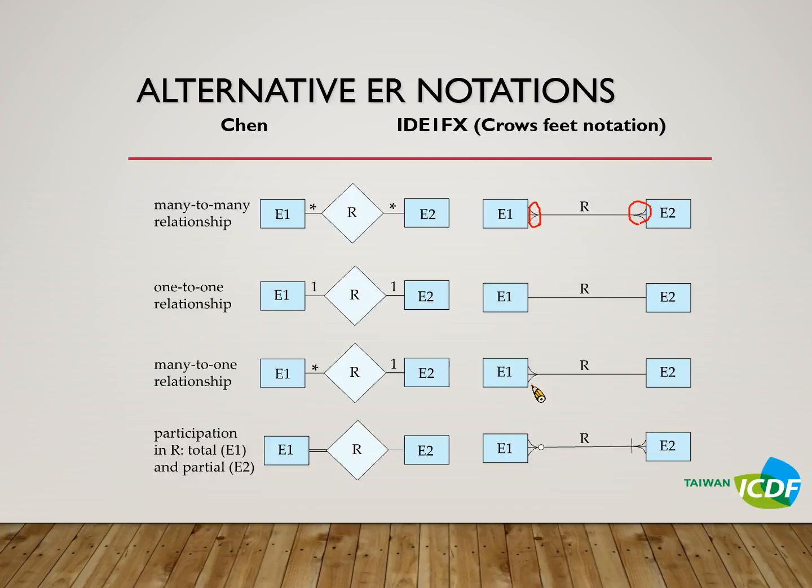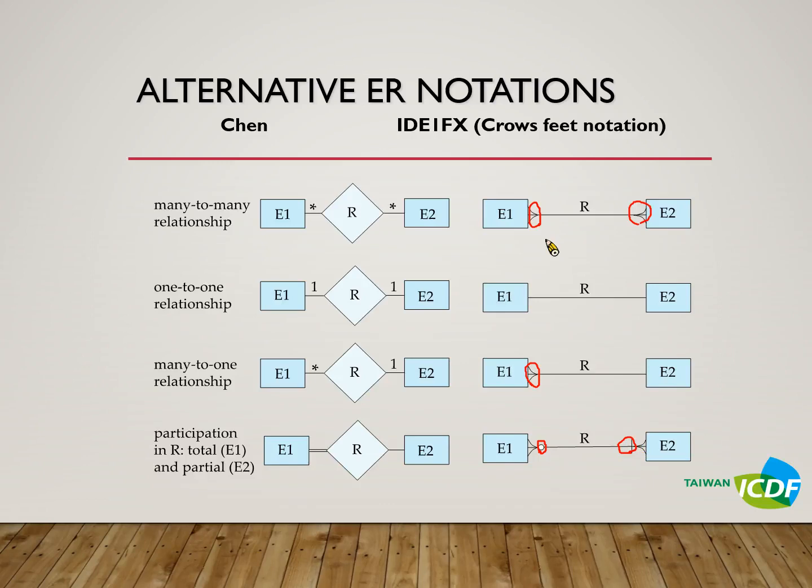And if one side of the line is indicated with the chicken claw symbol, and the other side remains a single line, it demonstrates the relationship is a many-to-one mapping. Total participation can be represented with a little circle, and partial participation can be represented with a cross.